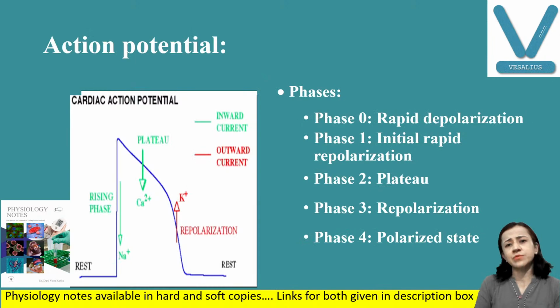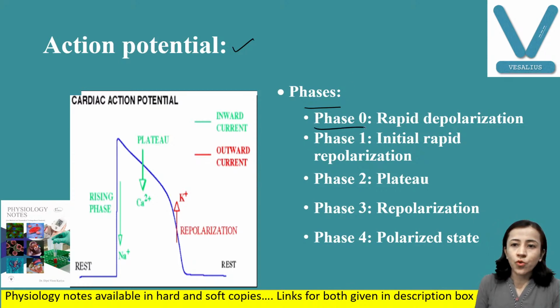Now we come to the action potential. What is the action potential? As in other tissue, it is defined the same way in cardiac muscle. Whenever a threshold strength of stimulus is applied, there is a change in the membrane potential. A series of changes occur within a fraction of a second. Those changes are the action potential. In cardiac muscle, the action potential duration is longer compared to skeletal muscle. It has the following phases.